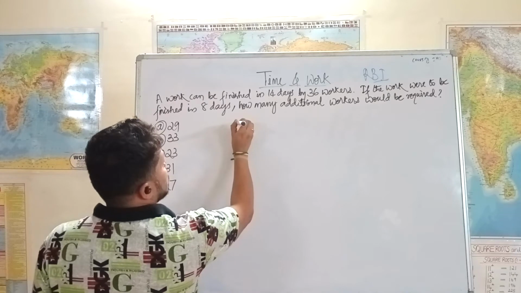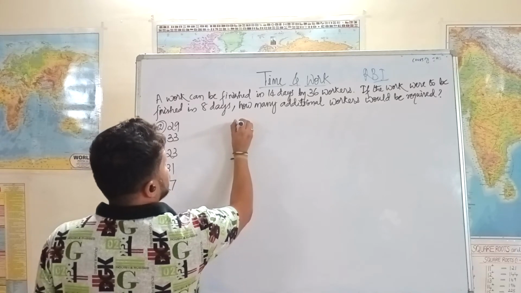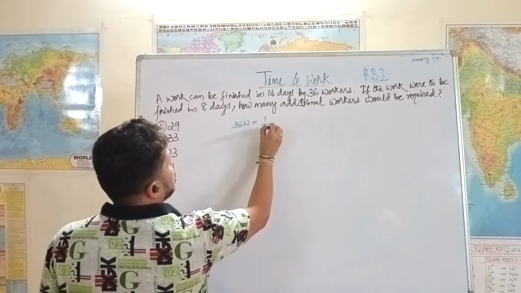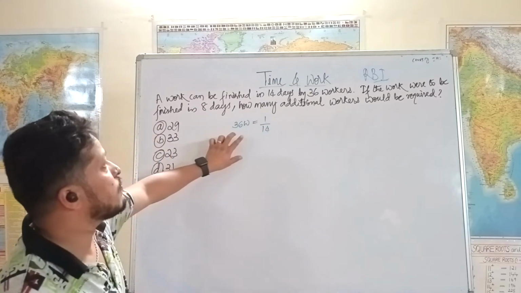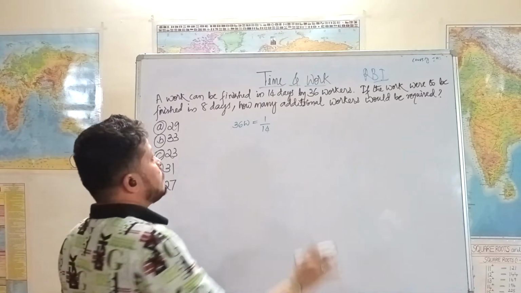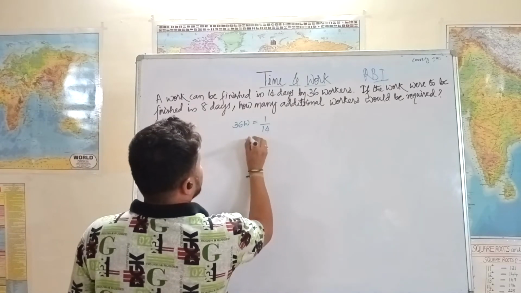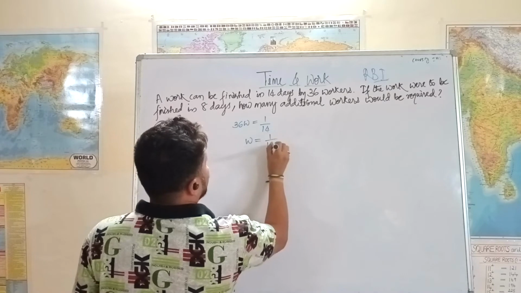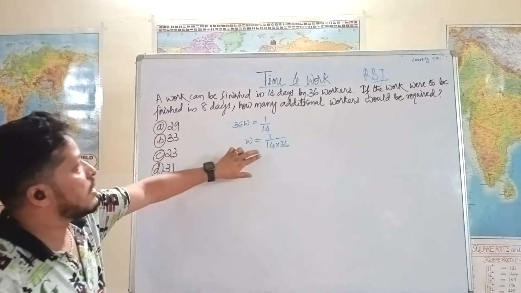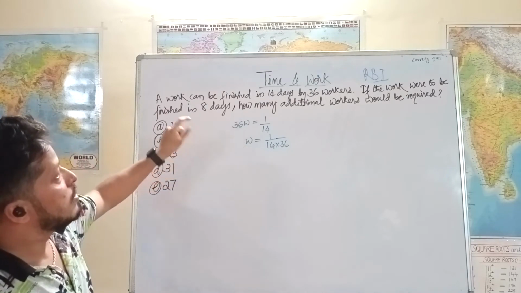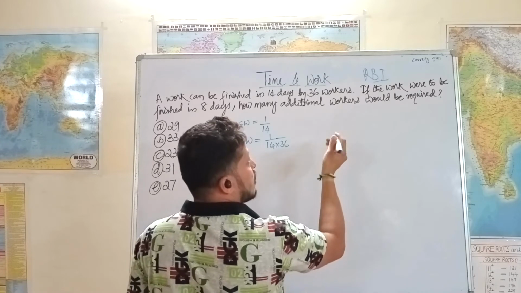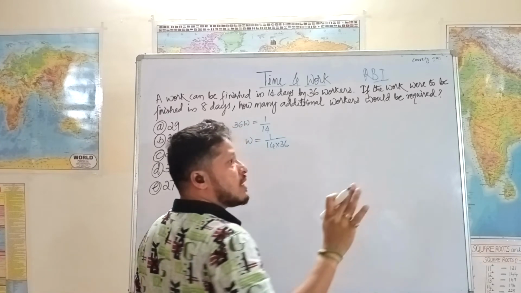So what is the individual efficiency of workers? 36 workers can finish within 14 days, so 1 by 14 is the efficiency of 36 workers. So the efficiency of each worker is 1 by 14 into 36. Now we have 36 workers plus some workers who joined, and let's assume it's completed in 8 days.